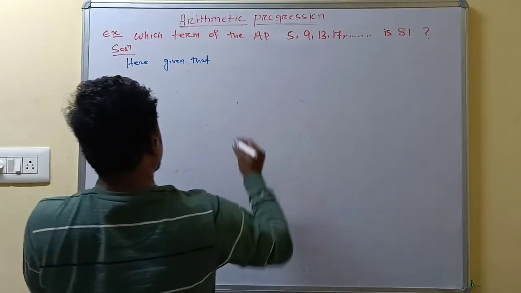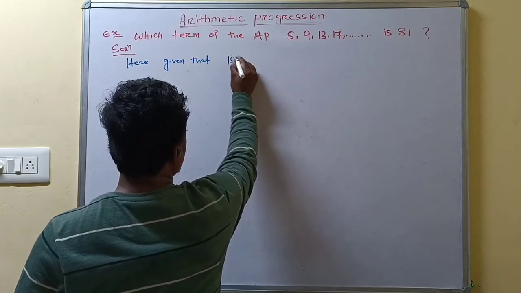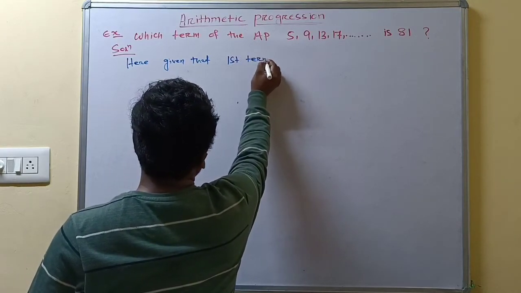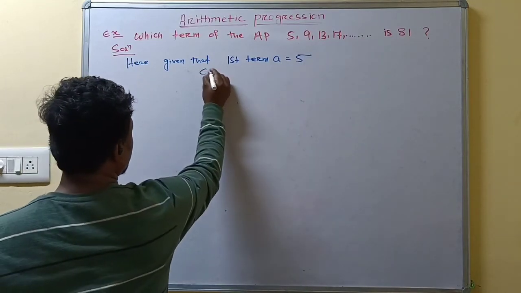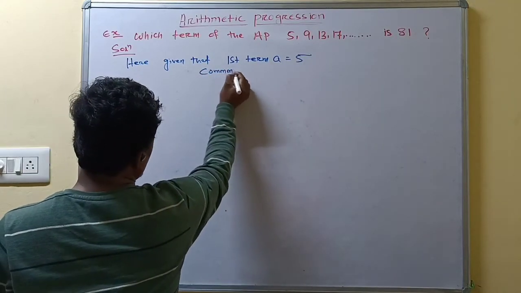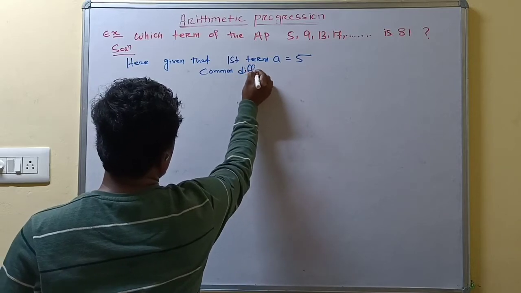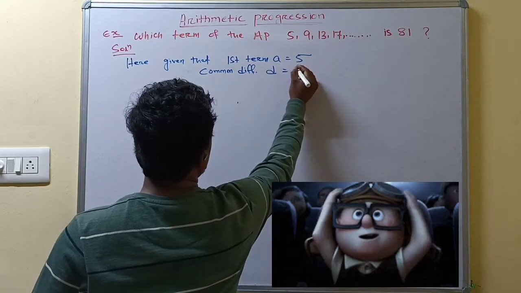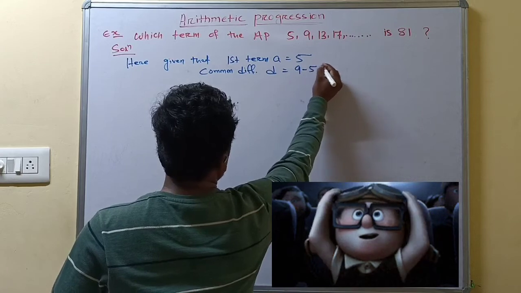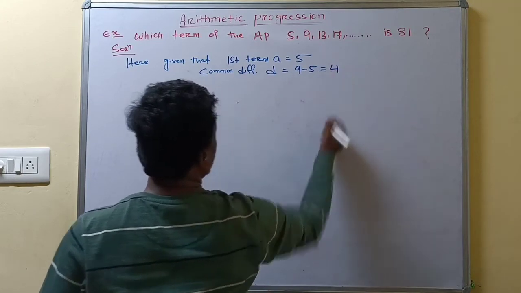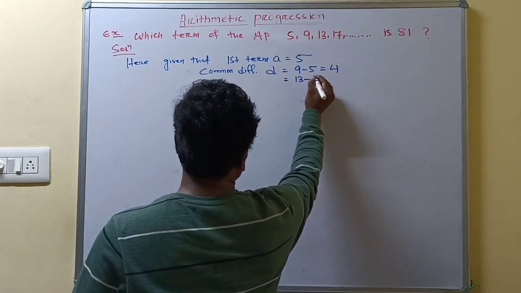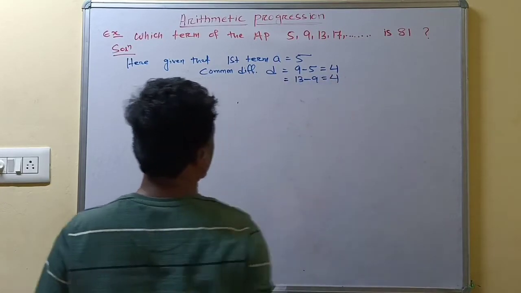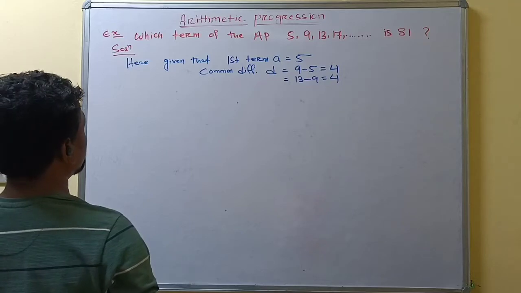Here, given that first term a equals 5 and common difference d is equal to 9 minus 5 is equal to 4. Okay, also you can write 13 minus 9 is equal to 4. Okay, this is the common difference.